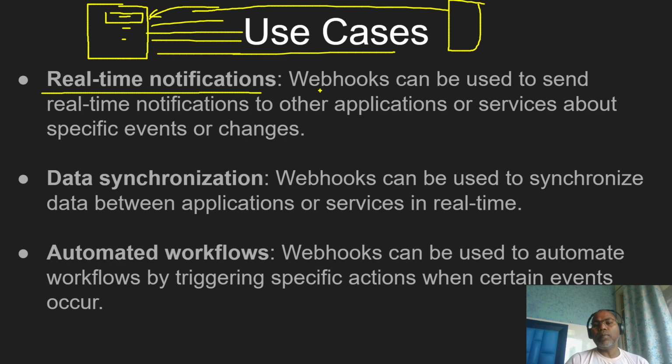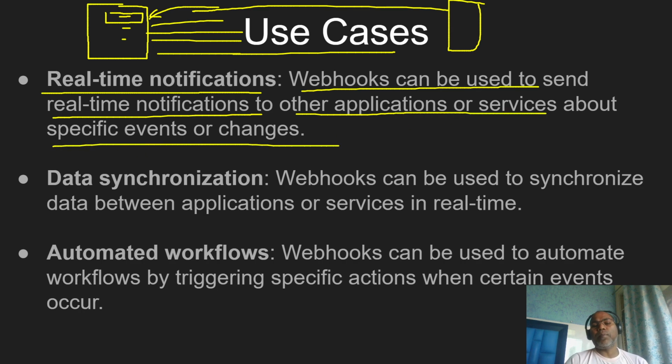So a webhook can be used to send a real-time notification to other applications or services that a specific event or change happened. Maybe data synchronization: in many places you want real-time data synchronization between different database servers.